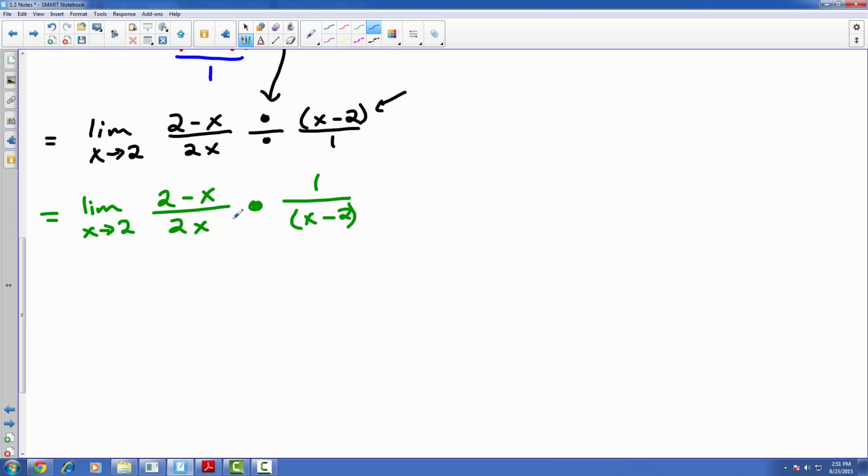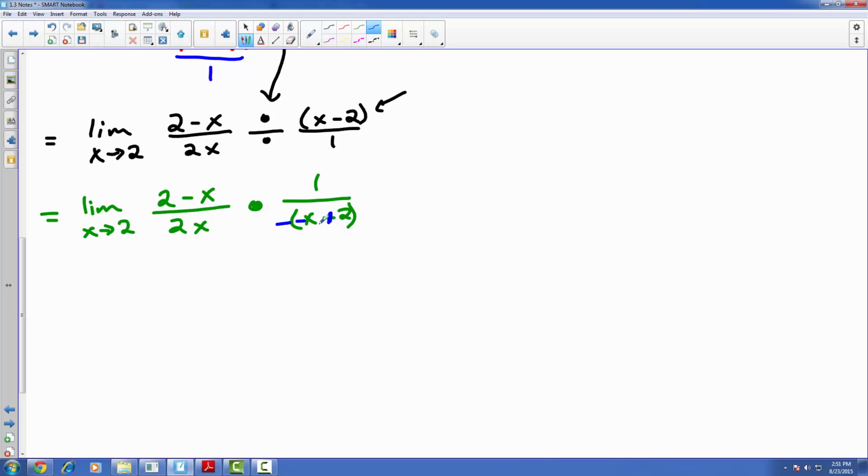Well, unfortunately, it doesn't look like anything's quite canceling right now. So, one option that we can do is go ahead and maybe factor out, let's say, a negative. So if we factor out a negative out of this piece, we end up then with negative of negative x plus 2.